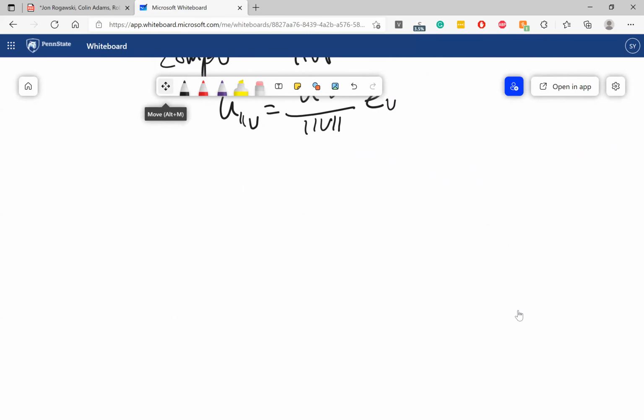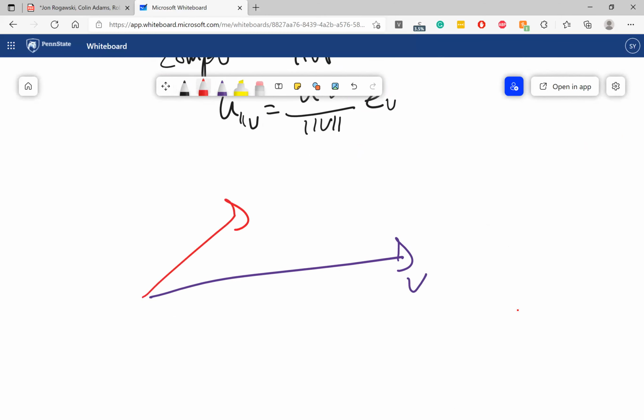So let me make another picture. So here's your V, and here's your U. So you first say, okay, I want to go in the direction of V, so let me find the unit vector V. So that's this vector over here, EV.